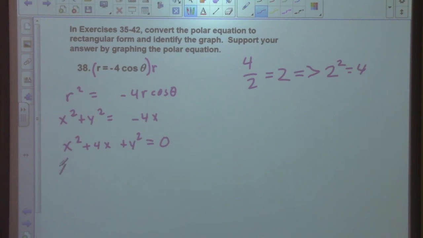So we're going to have x squared plus 4x plus 4 plus y squared is equal to, what do we have to add on the right side? 4, right? We have to add what we add here. And so we get quantity x plus 2 squared plus y minus 0 squared is the way we're going to put it.